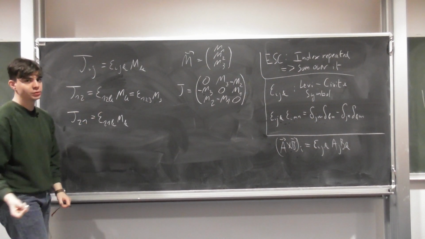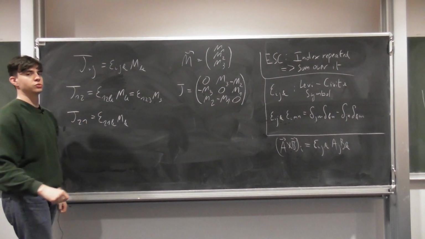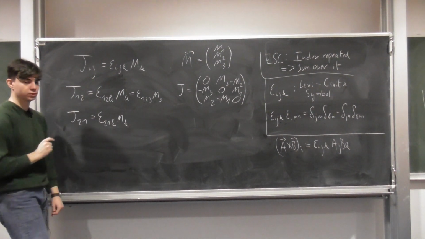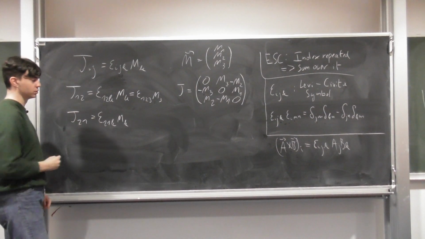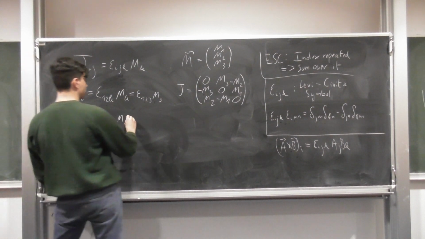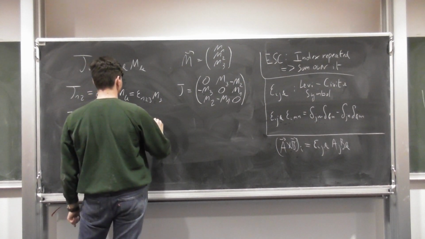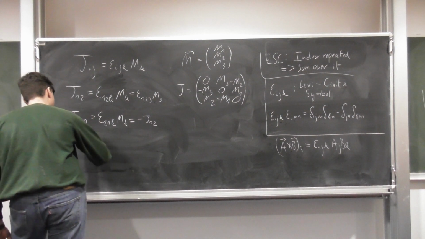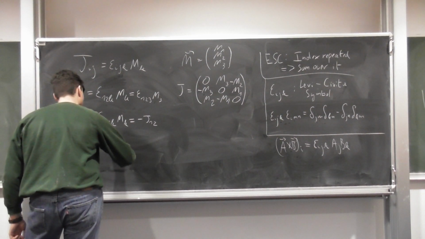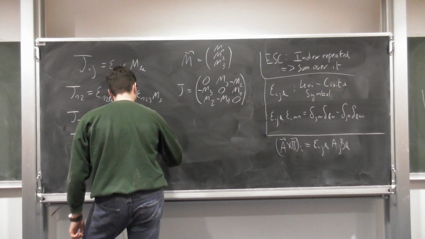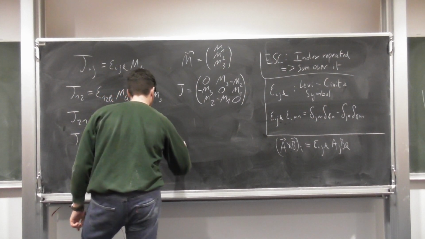If it's only 1 permutation away, that's an odd number of permutations away, and it's going to switch the sign. So let's say this was minus 1, then this will be plus 1. Or let's say this was plus 1, then this will be minus 1. So either way, J21 will be equal to minus J12. Similarly, J31 is equal to minus J13, and J23 is equal to minus J32.